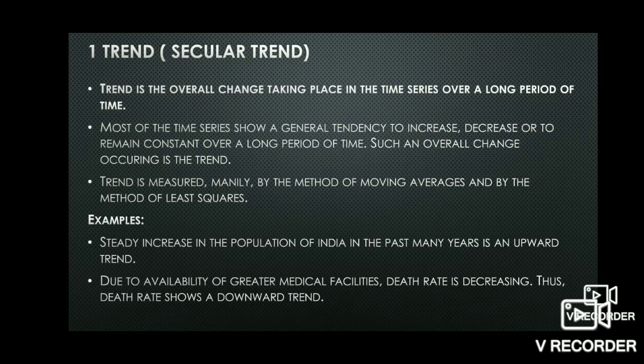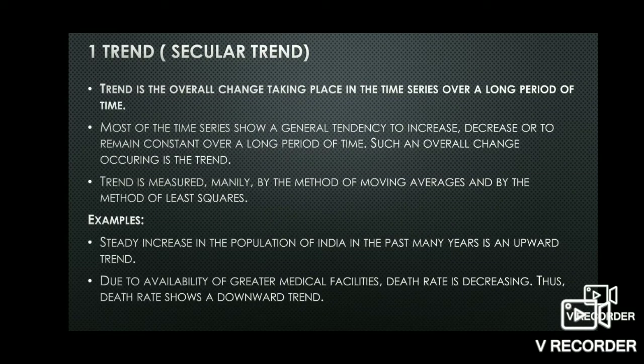So now let us study in detail each component of time series. The first one is trend, also known as secular trend. The trend is the overall change taking place in the time series over a long period of time. Most time series show a general tendency to increase, decrease or remain constant over a long period of time.